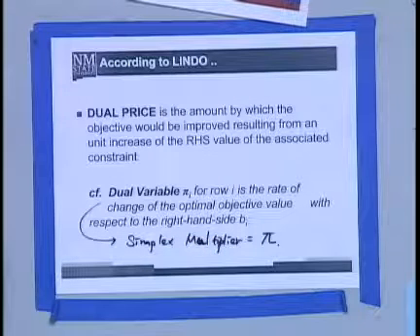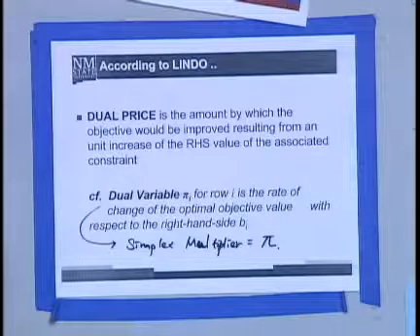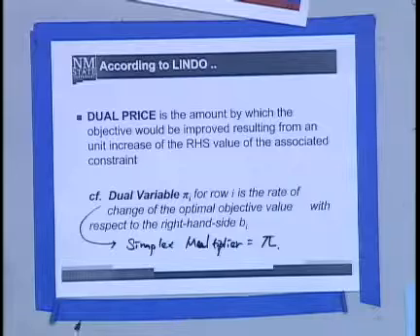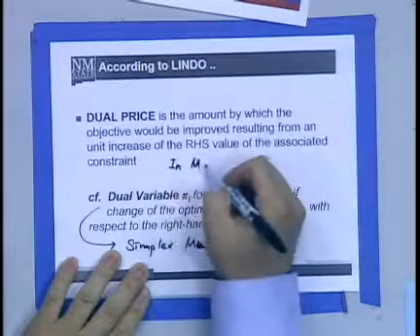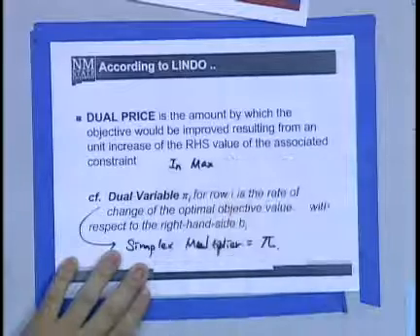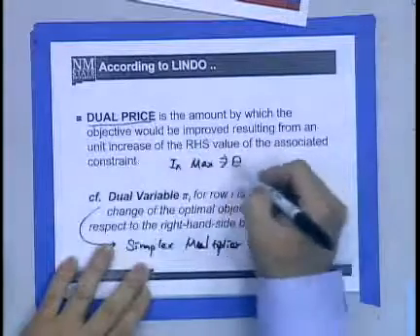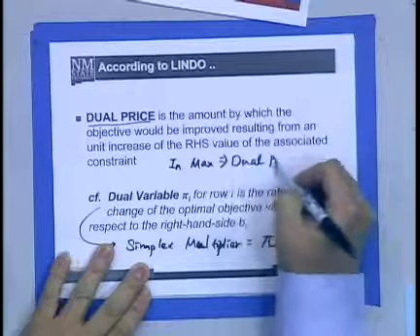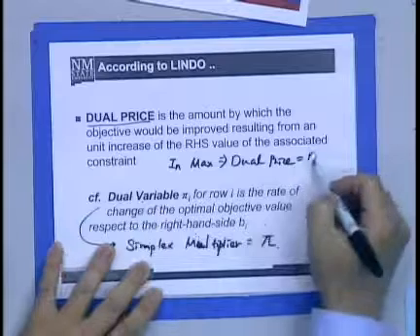And because improve means increase in the maximization problem and decrease in the minimization problem, in the maximization problem this dual price is equal to the dual variable.